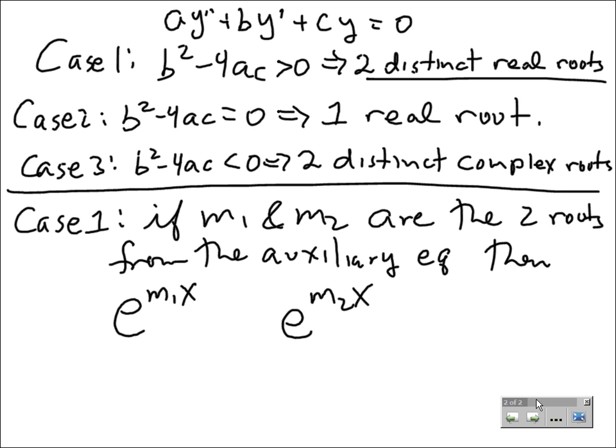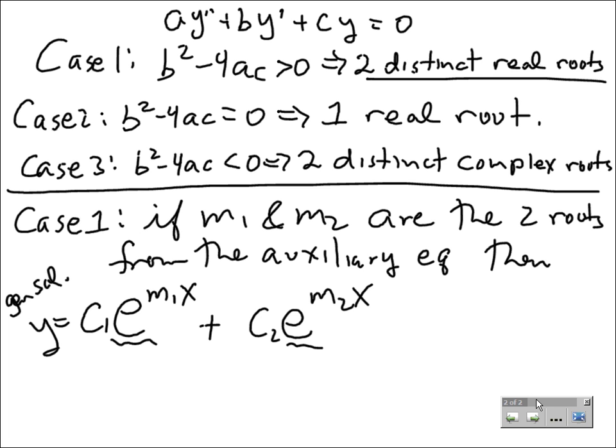I'll show in a moment why they're independent, but for right now assume they are. That means we take a multiple of the first solution and a multiple of the second solution and add them together. That will be our general solution. Now, why are these independent?